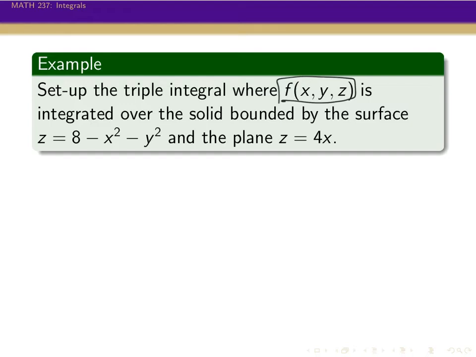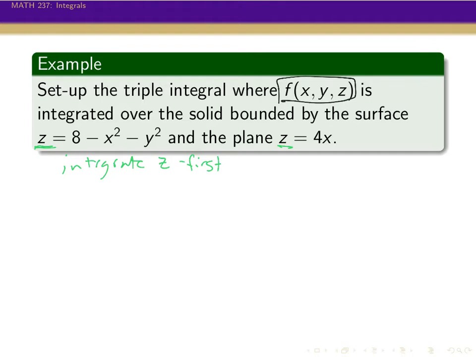Okay, and so in this one, these are both set up as z equals, and the fact that they're both z equals is sort of suggesting that it makes sense to integrate z first, again. But one of the things that we then need to do is figure out what's the region that this is over.